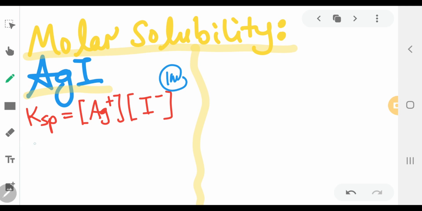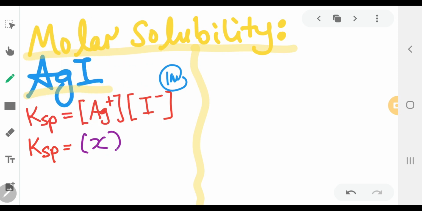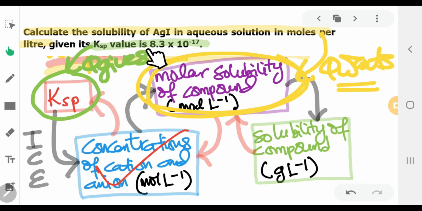Therefore, we can write the KSP now as X times X, which is X squared. And we can use this to compare with the KSP value that has been given in the question. The question gives the KSP value 8.3 times 10 to the power of negative 17.